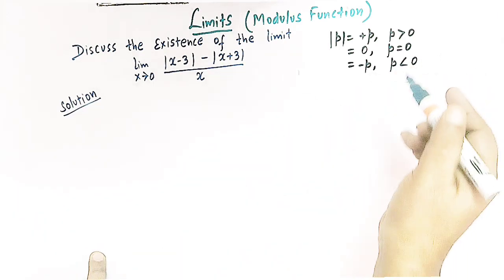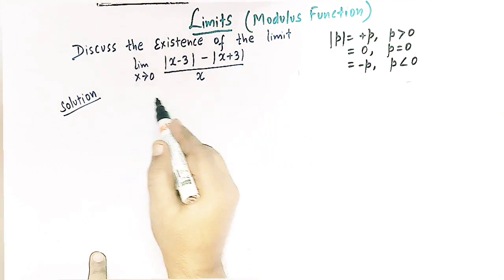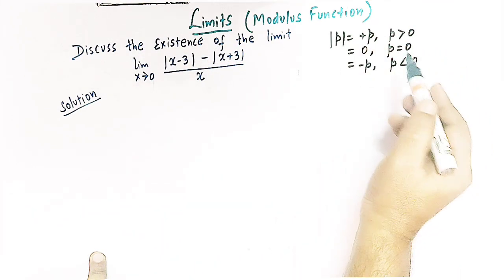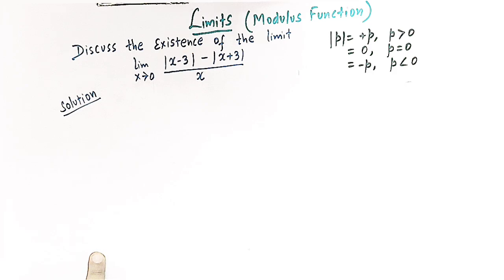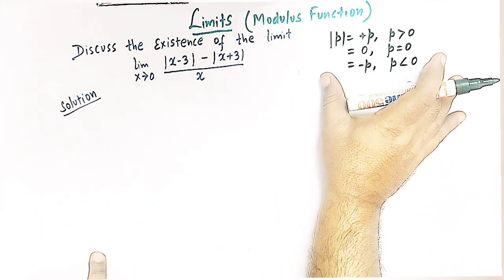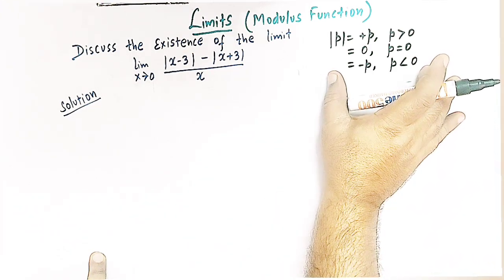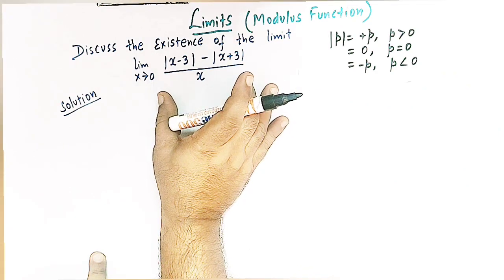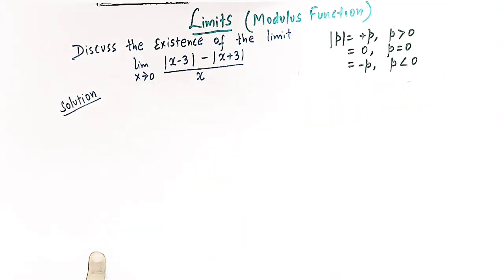So viewers, the solution of this limit lies in the definition of the mod function. If we correctly apply this definition to find the right hand limit and the left hand limit, then we can draw the conclusion.